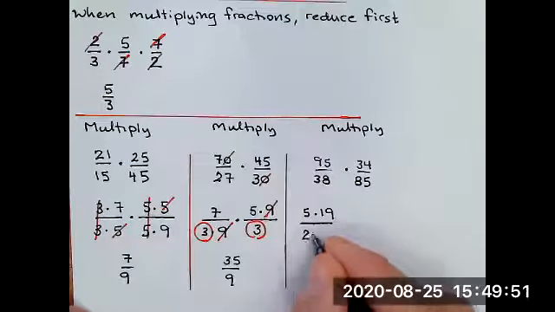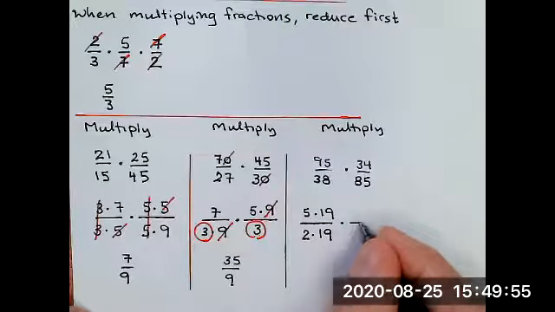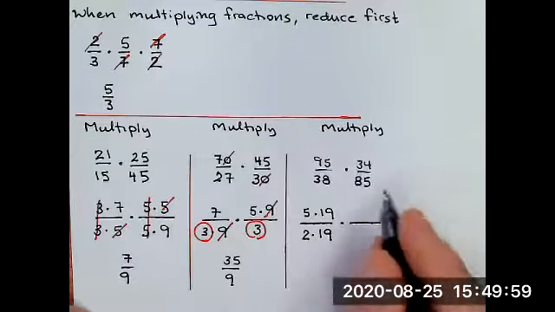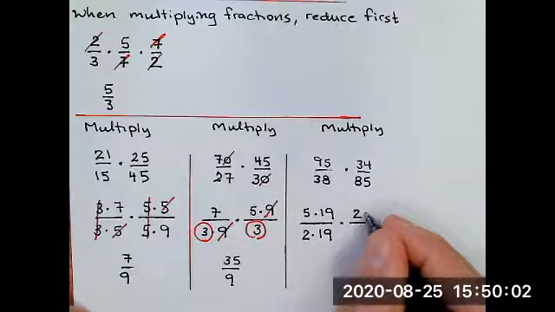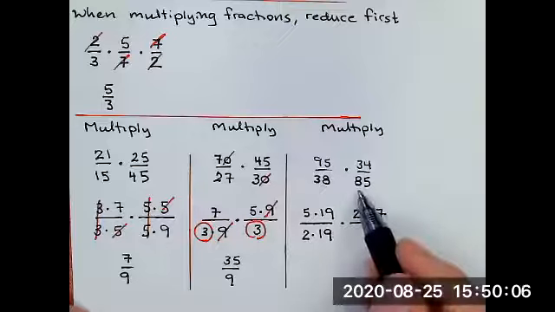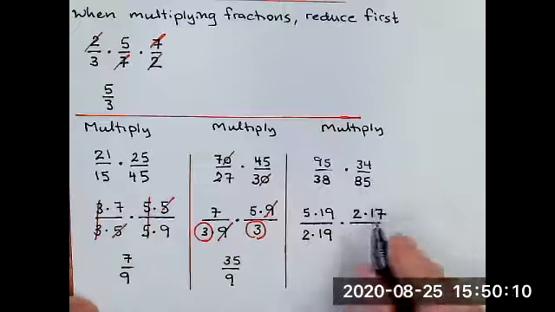And we get 2 times 19. 34 is an even number, so 2 goes into it. 85 ends with a 5, so you divide by 5.